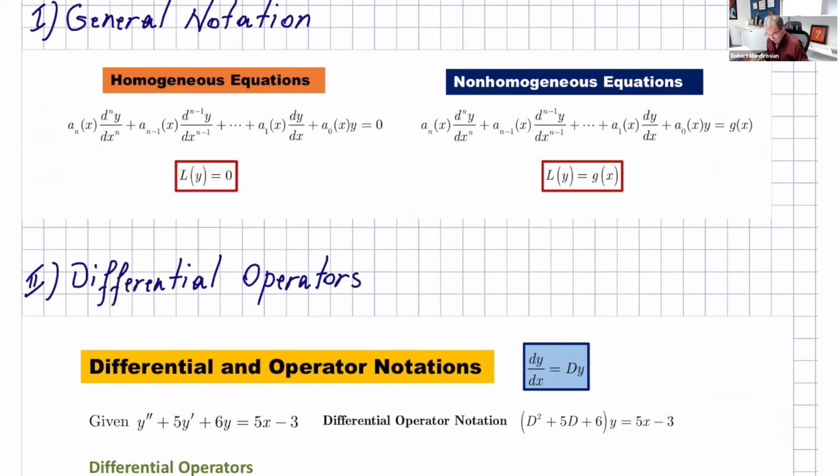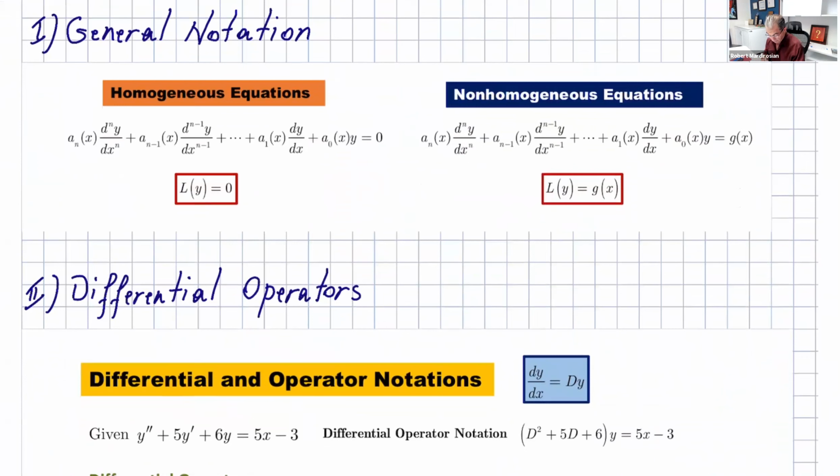Now, general notation. For a homogeneous equation, the general way of writing this is a sub n of x times d to the power of n y over dx to the n, plus a sub n minus 1 of x times d to the power of n minus 1 y over dx to the power of n minus 1, and so on until a sub 0 of x times y equals 0.